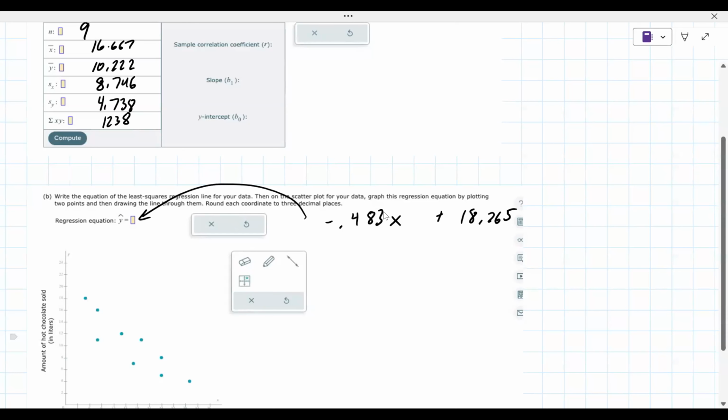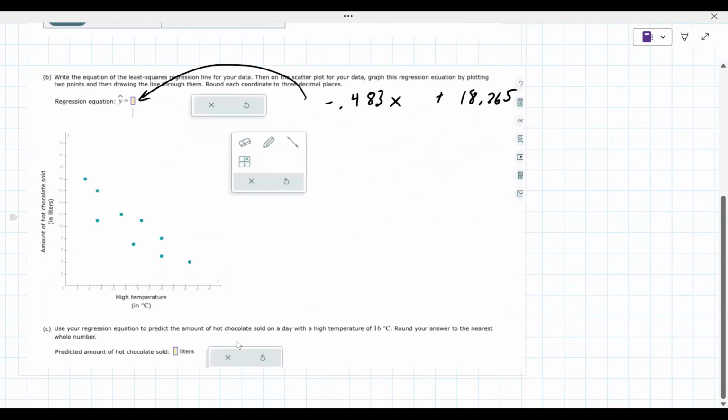We're talking about this one here for the regression equation. Making sure. Okay, we're good. And then predict the amount of hot chocolate sold a day when the high temperature is 16 degrees. So we're going to put 16 in for x.